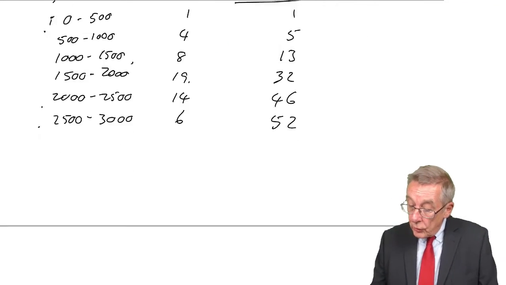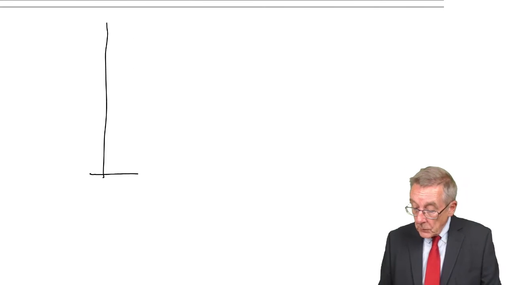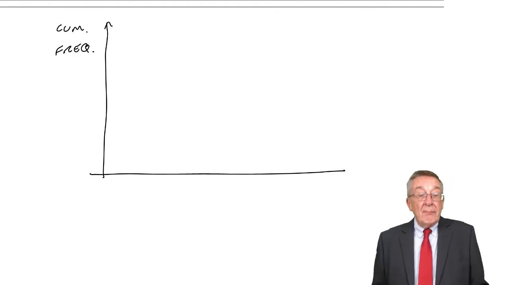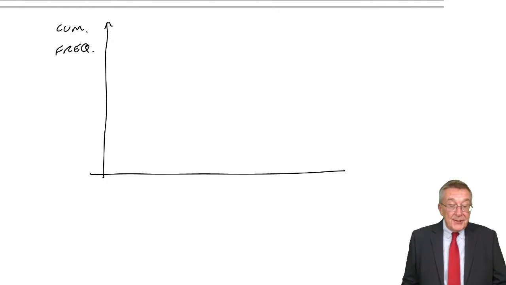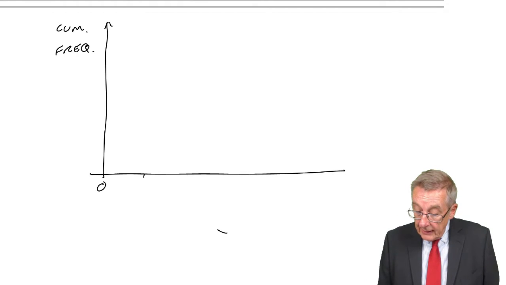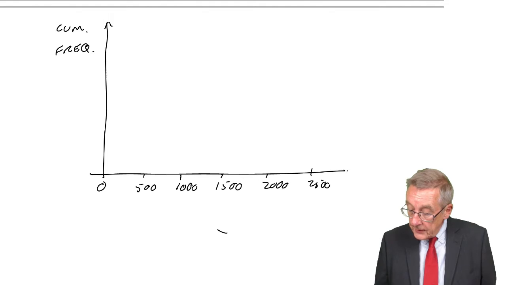And then we draw a chart showing the total or the cumulative frequency as against the top of each range. So 0, 500, 1,000, 1,500, 2,000, 2,500, 3,000.